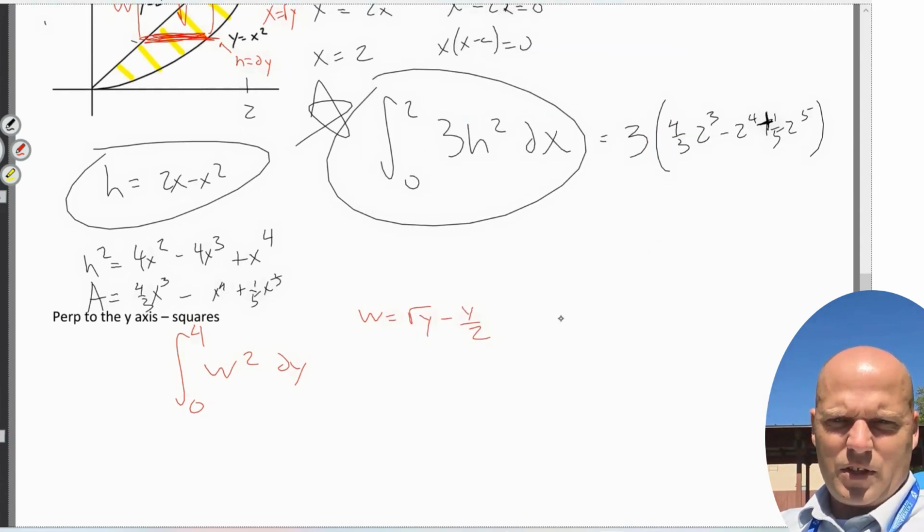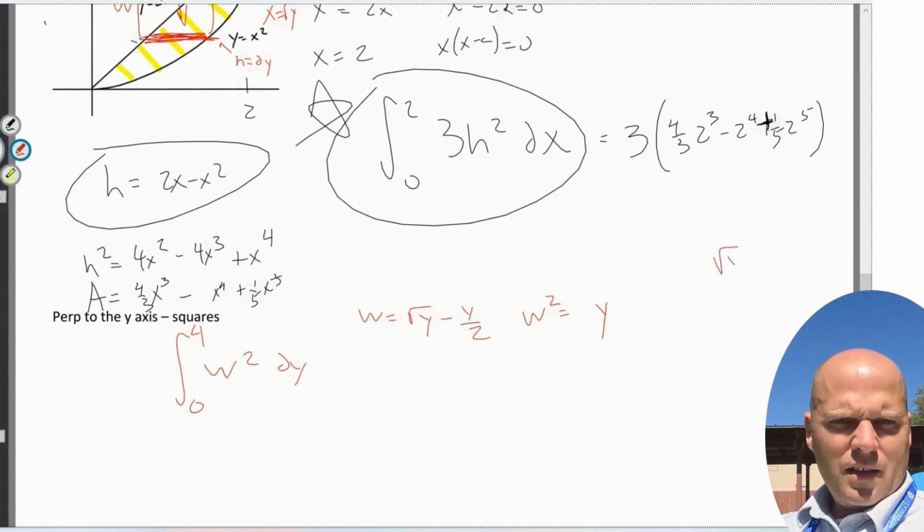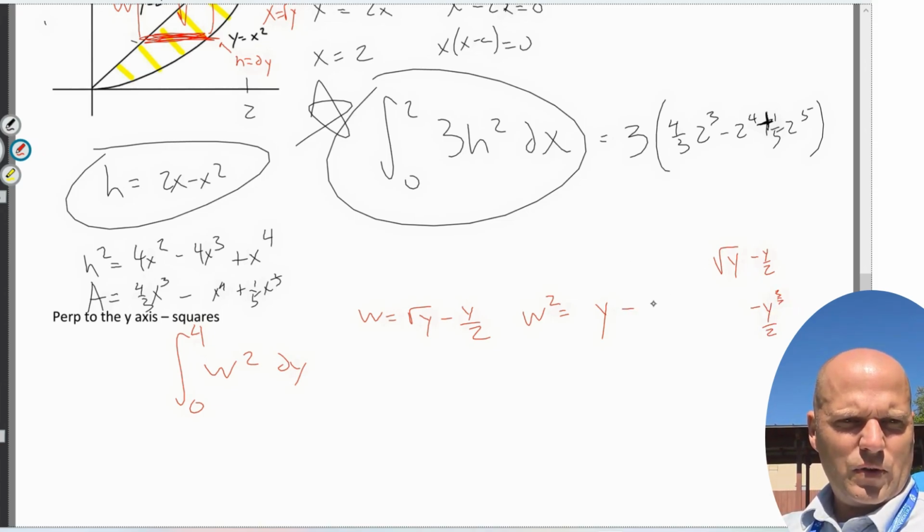I would need to figure out what w squared was, and I would need to anti-derive that. So root y times root y is y. Root y times negative y over 2 is going to be minus y to the 3/2 over 2. So it'll be minus 2 of those.